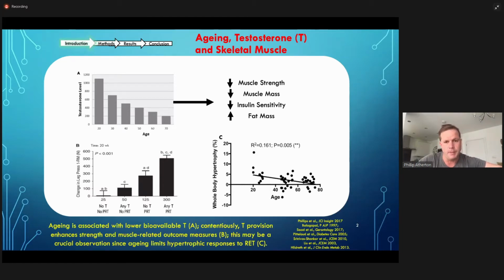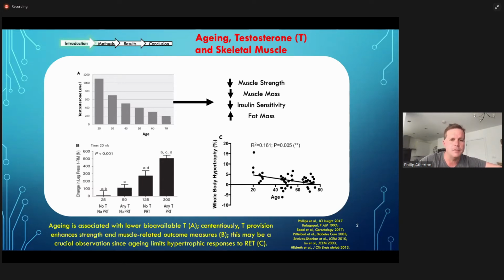In men, and women to an extent, testosterone levels decline with age. This is due to various aspects of the gonadal pituitary axis, whereby testosterone levels decrease through reduced activity of the Leydig cells of the testes in men.